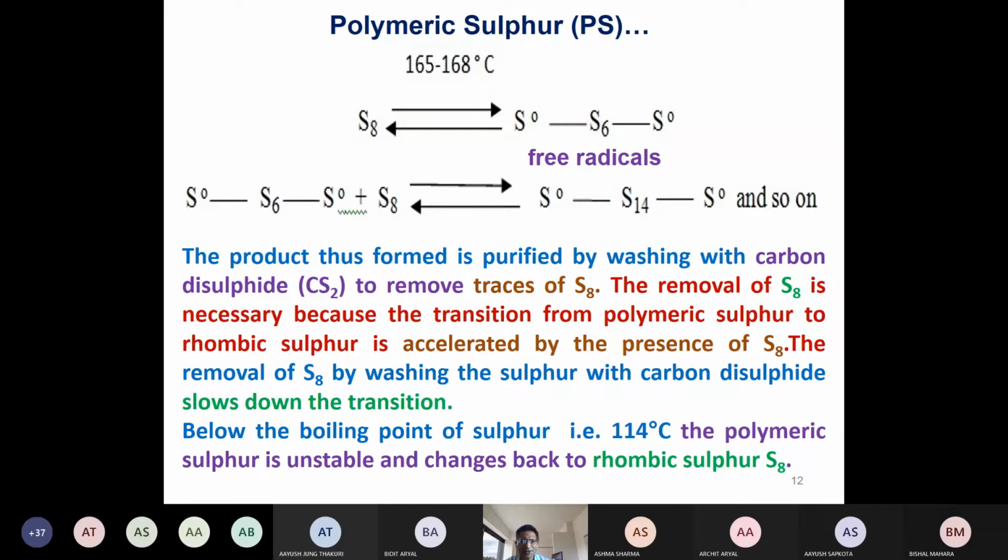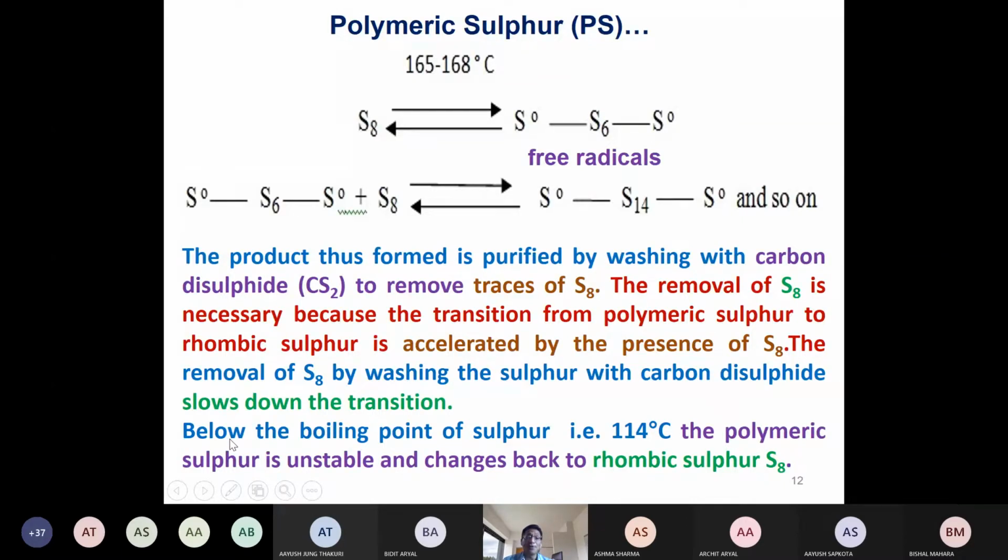So the rhombic sulfur present in the product should be removed by washing with carbon disulfide, which slows down the transition.